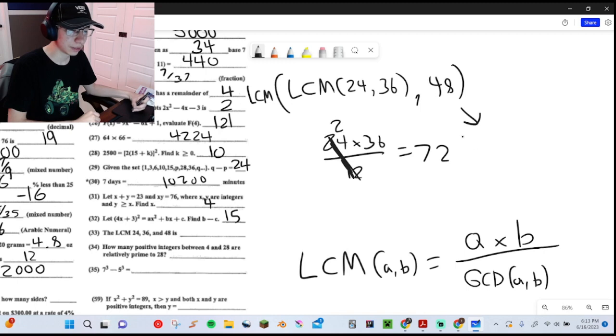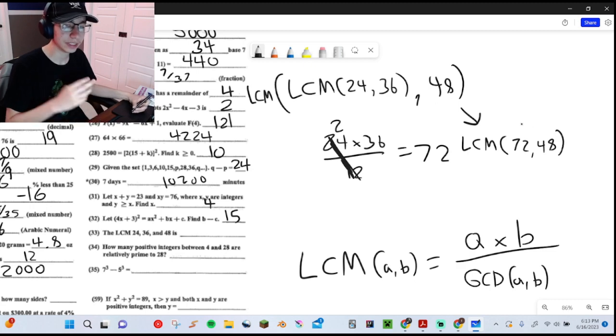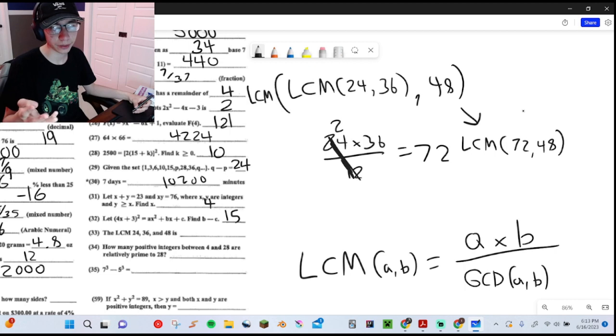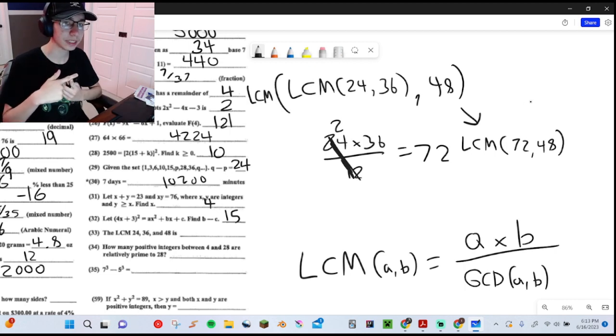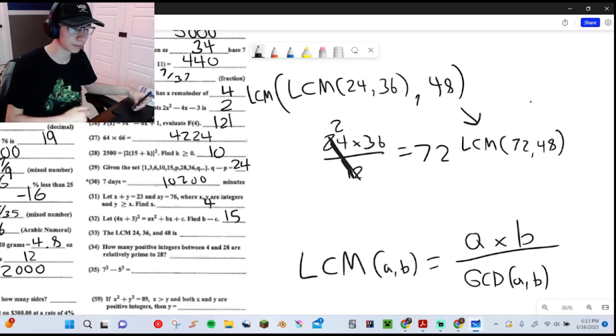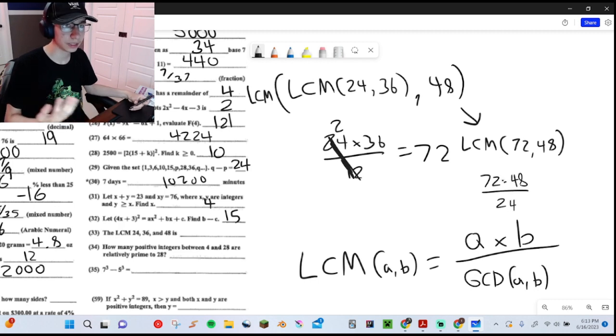So now, I gotta find the LCM of 72 and 48. Again, I'm gonna use my difference trick. The difference between these two numbers is 24. Is 24 a divisor of these numbers? I check. It is. That's my GCD. So the LCM of these two numbers is their product over 24. I'm going to just divide one of them by 24 off the bat.